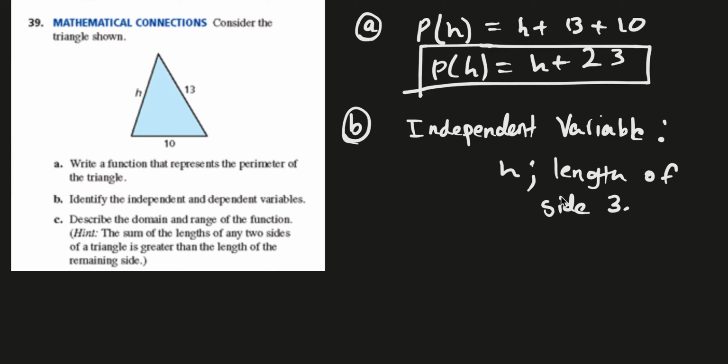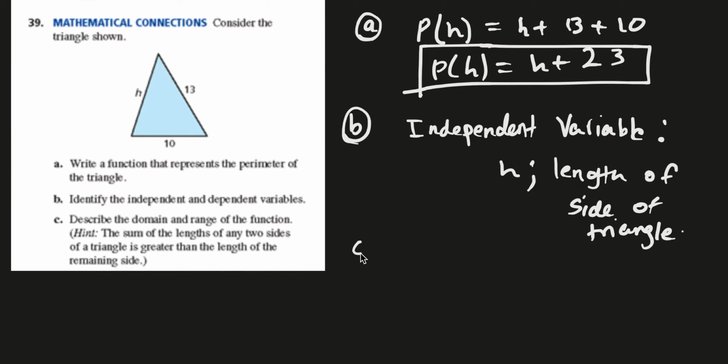Or you can just say the length of the last side, or the leftward side. That depends on how you position it, but length of side of triangle is good.